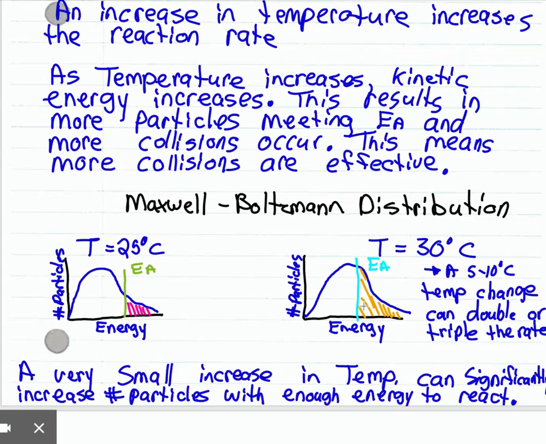And now all of this area that's orange, all of those particles meet the energy needs. So a very small increase in temperature can significantly increase the number of particles with enough energy to react. A 5 to 10 degree temperature change can double or triple the reaction rate. So make sure you have this down.